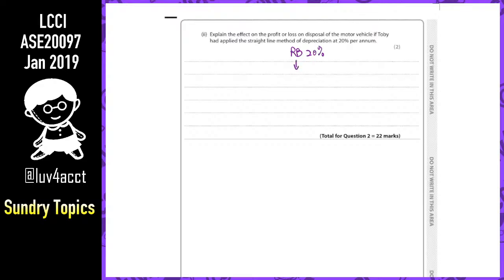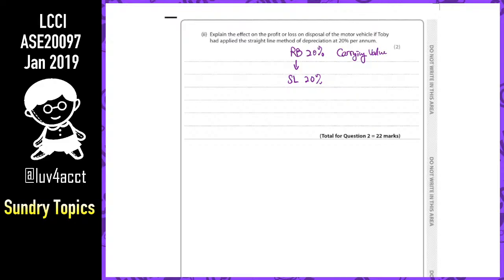If it changed to the straight line method, what will be the effect on accumulated depreciation, and what will be the effect on the carrying value or the carrying amount?